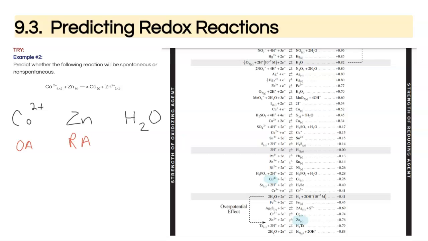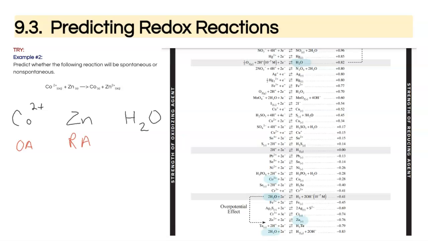Now the last piece to this puzzle is water, and water, as we have seen, appears on both the oxidizing agent side, right here, and on the reducing agent side. And multiple times. I'm seeing it here as well, and so on and so forth.